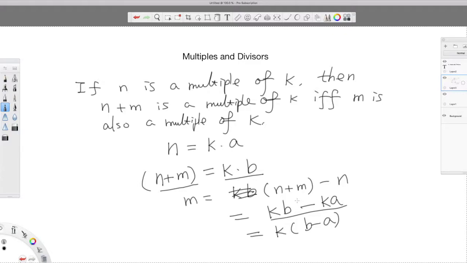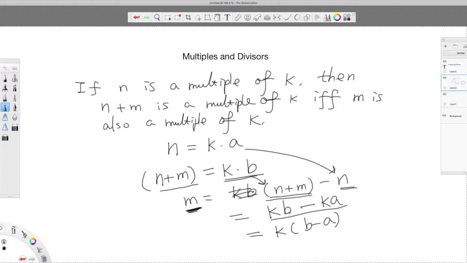All right, this actually uses a bit of algebra, so let me go over this again. We want to find out if m is a multiple of k. m can be written as n plus m minus n. And why do we break it into n plus m minus n? Because n plus m, we know that it's a multiple of k. So we can plug in kb. And n, we already know, is ka.